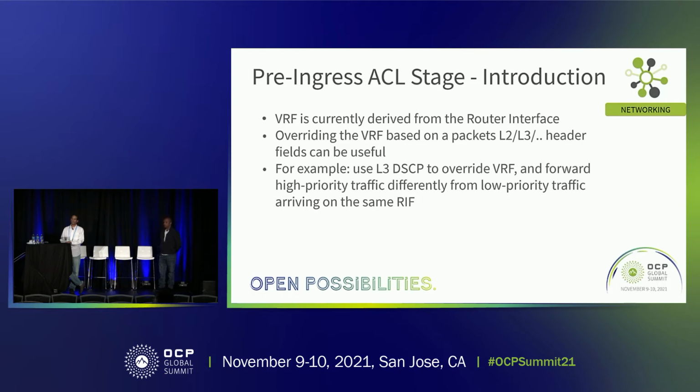In SAI today, the ACLs have port bind point, RIF bind point, and switch bind point, and we felt the switch bind point made the most sense for the pre-ingress ACL rules we wanted to install, especially keeping in mind the scaling aspect.